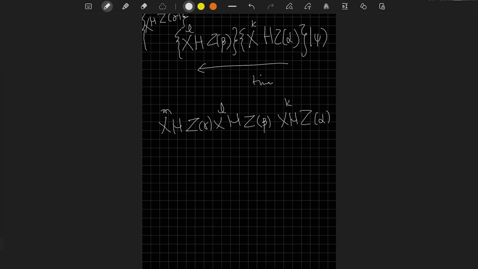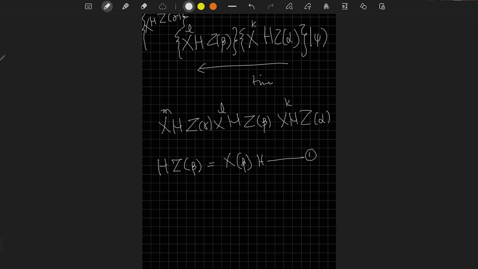Now, what we would like to do is simplify this expression a little bit, and we can use some tricks to do that. The first trick I've already mentioned is that HZ is equal to XH. This is one formula.